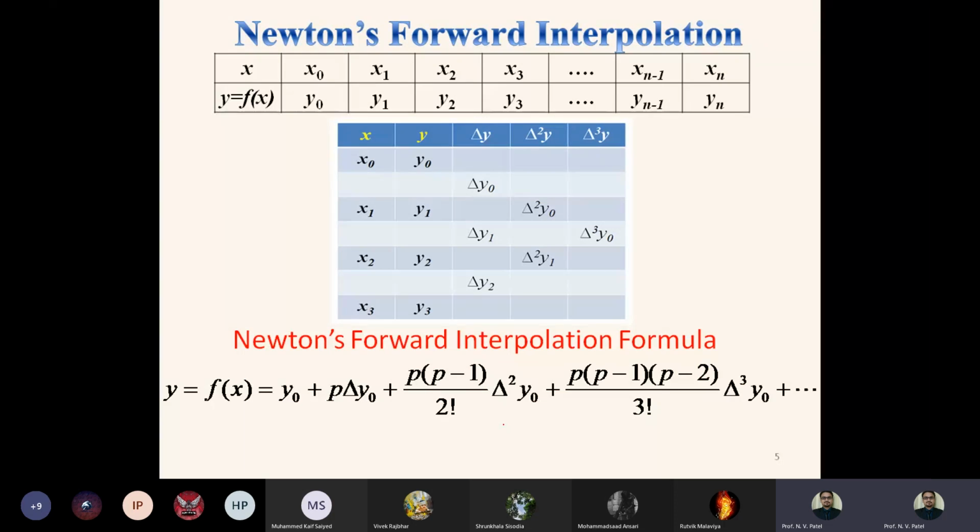Then our Newton's forward interpolation formula is like this: y0 plus p into delta y0 plus p into p minus 1 upon 2 factorial into delta square y0 plus p into p minus 1 into p minus 2 upon 3 factorial into delta cube y0 and so on, where the value of p is x minus x0 upon h.